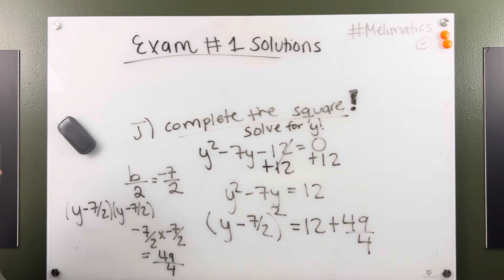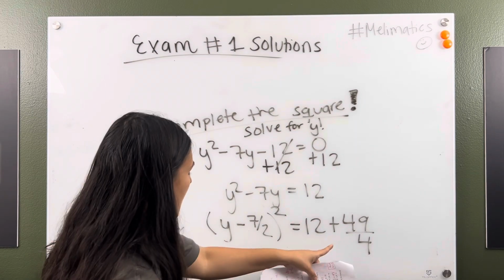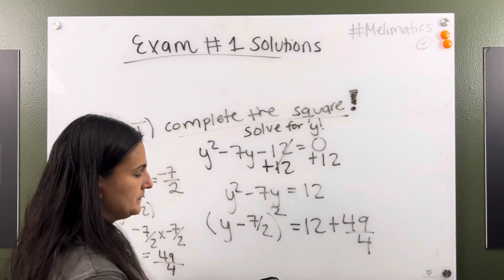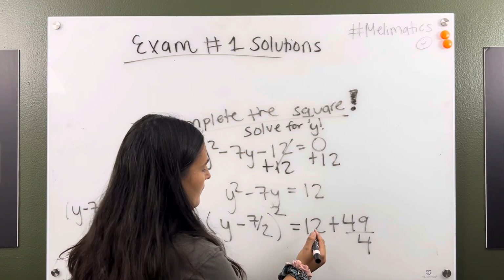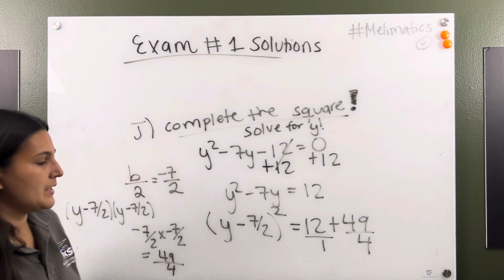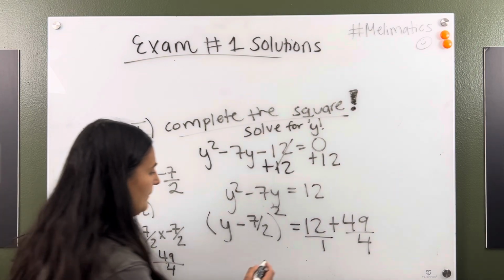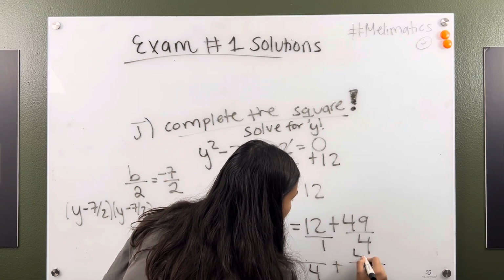Okay, and this is why it's very important to know how to work with fractions. I need to add 12 and 49 over 4. I am going to go ahead and find a common denominator. So what's the common denominator of 1 and 4? 4. So I'm going to use 4 as my common denominator.